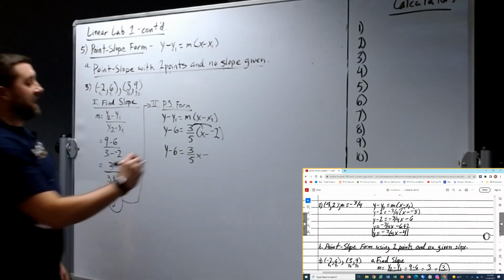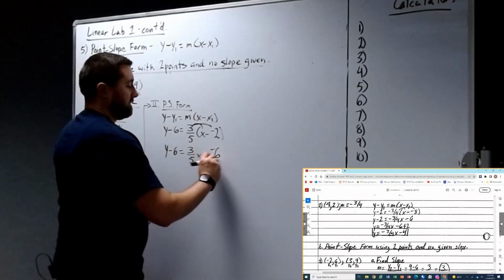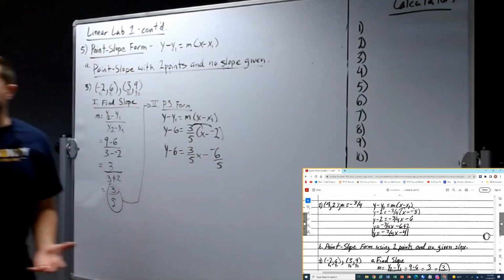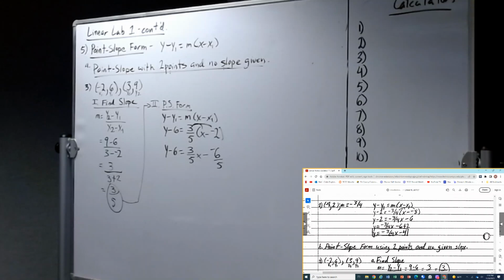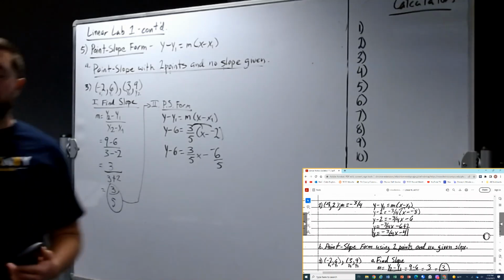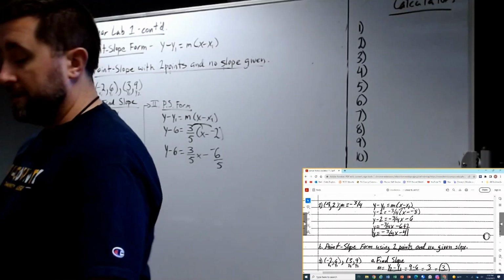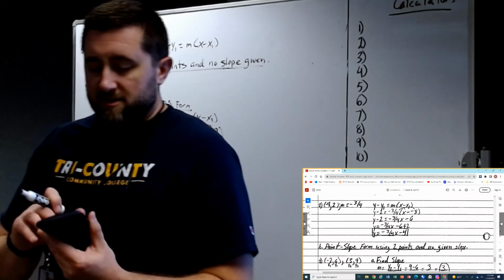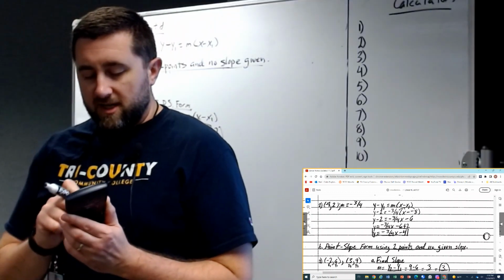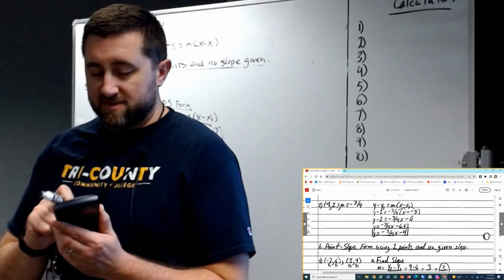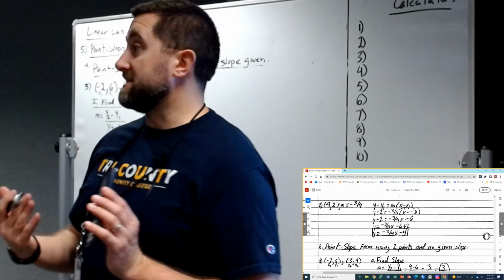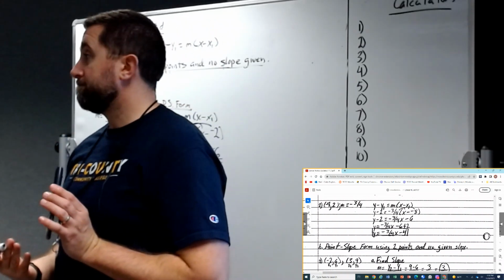Yeah, negative 6/5. Now, when you're dealing with fractions, the scientific calculator goes to a mixed number by default. So, let's go back just a second. It was 3ABC5 times negative 2, and it pops up as negative 1 1/5, right? By default.